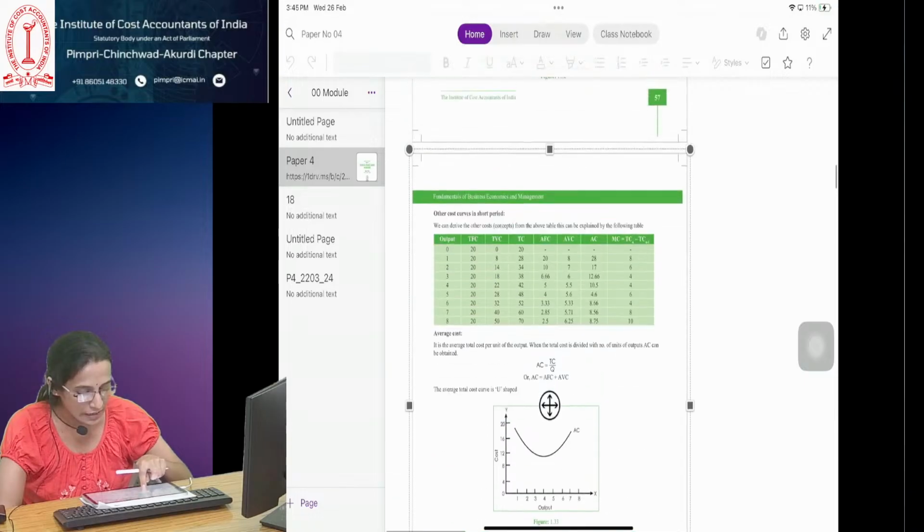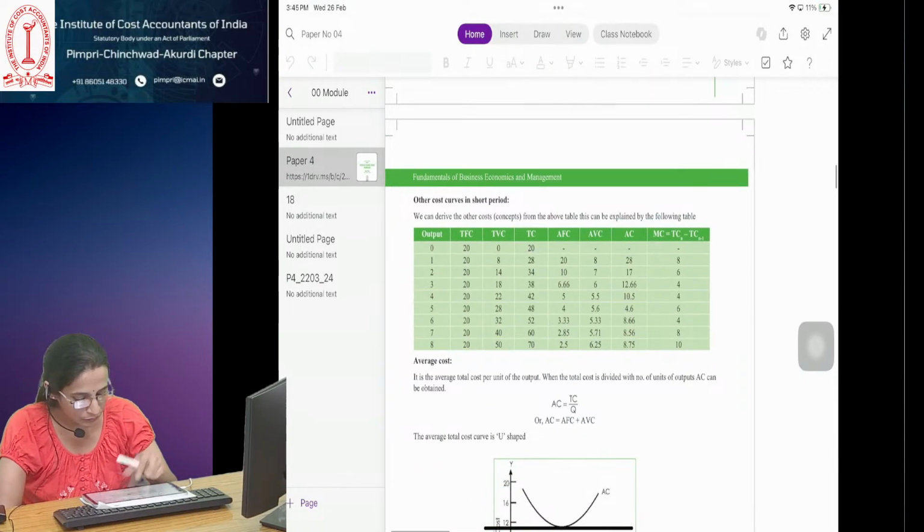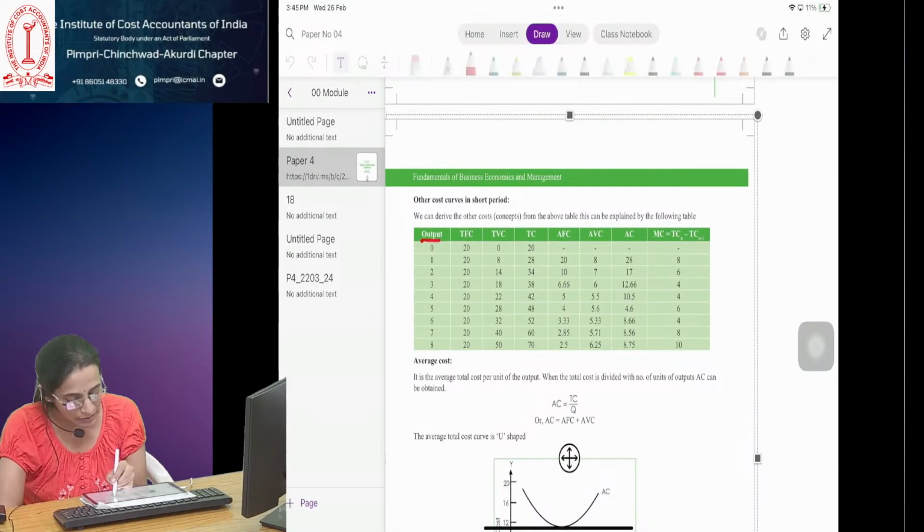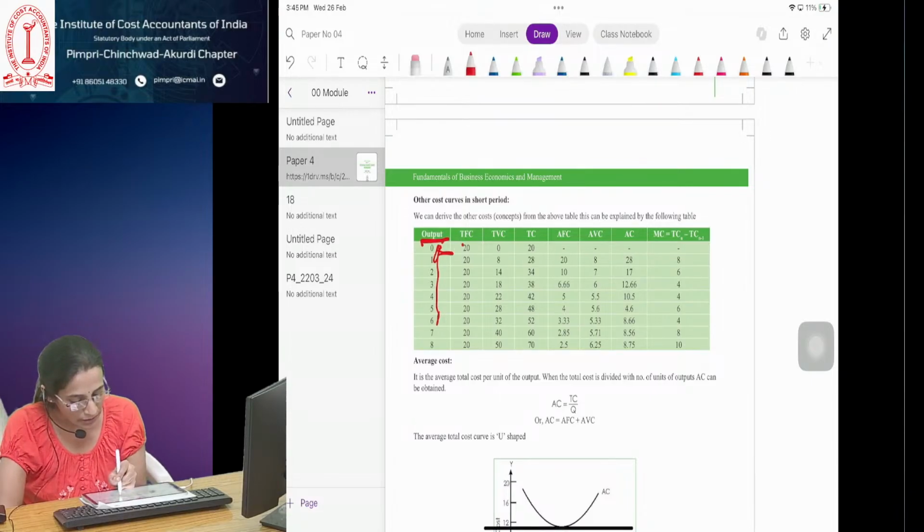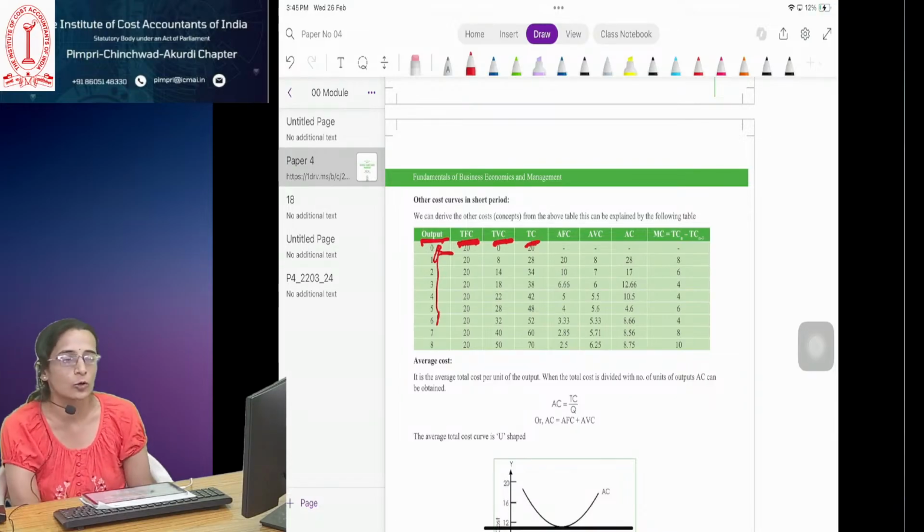Now we were discussing this table. See, in this table there is an output which is increasing. There is total fixed cost, total variable cost and total cost. So what will be the total cost? Total fixed cost plus total variable cost will give us the total cost, right?